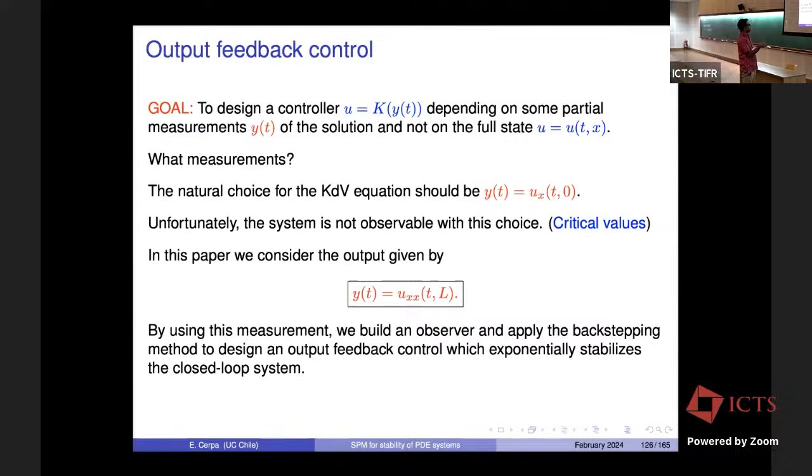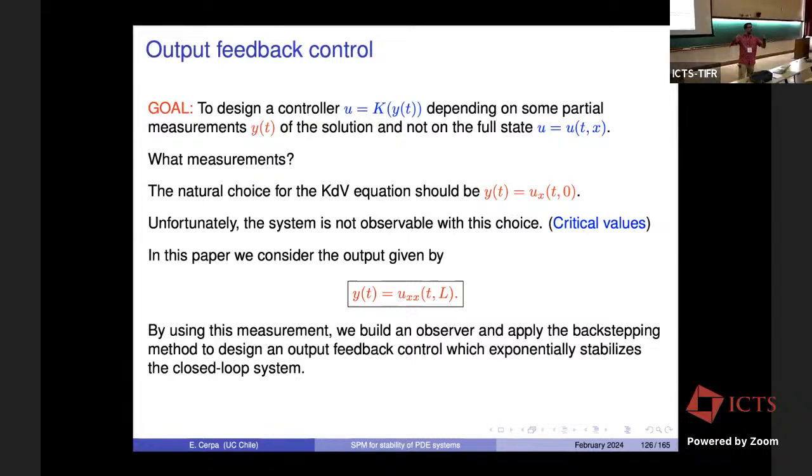So, for instance, y of t could be u_x at 0. But because of the existence of these critical values, it's not going to work, because the condition on the observability of your system is not going to be satisfied. So you know that the system is not observable from that quantity.